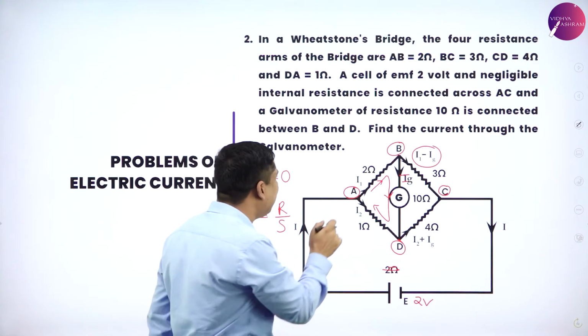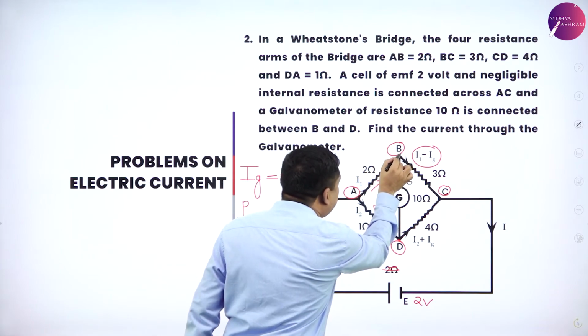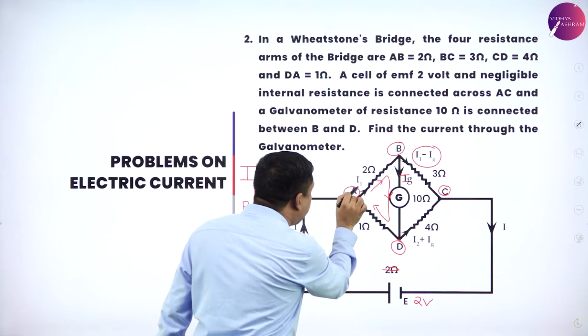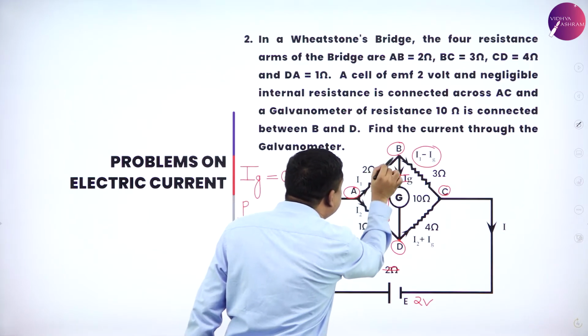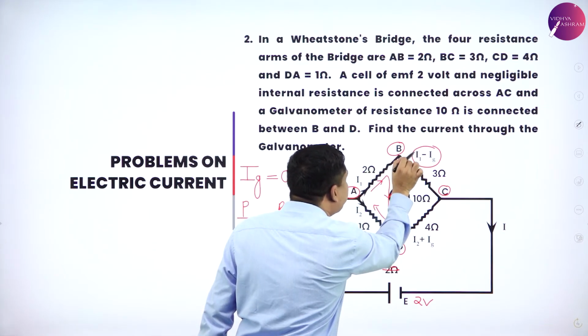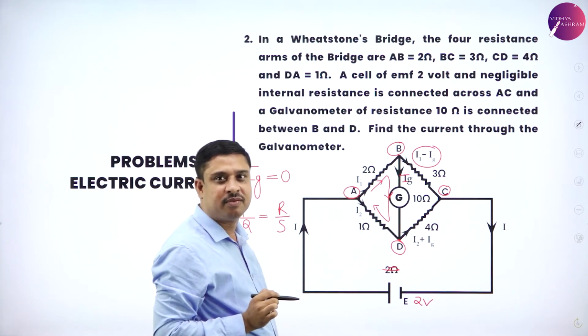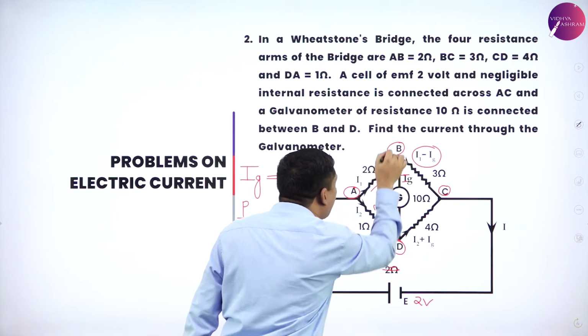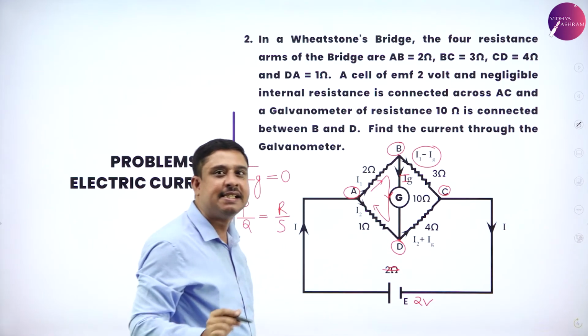Very simple. What is the current flowing through this node? I1 is entering the node. Therefore, I1 is positive. Ig is coming out of the node B. Therefore, it is negative.